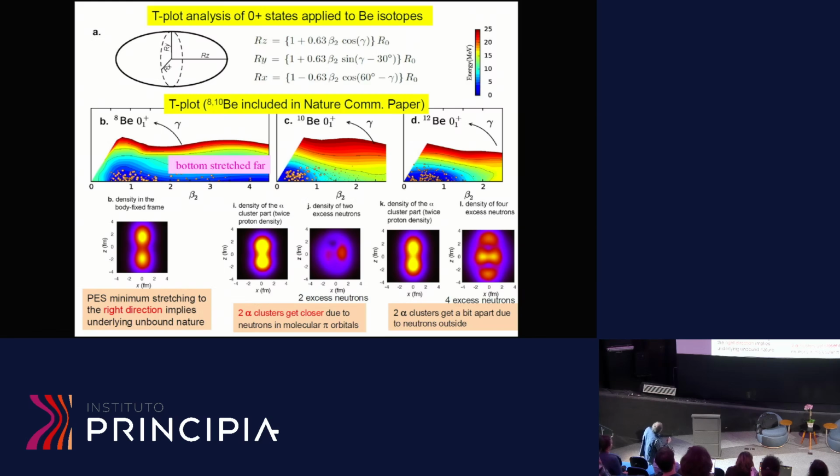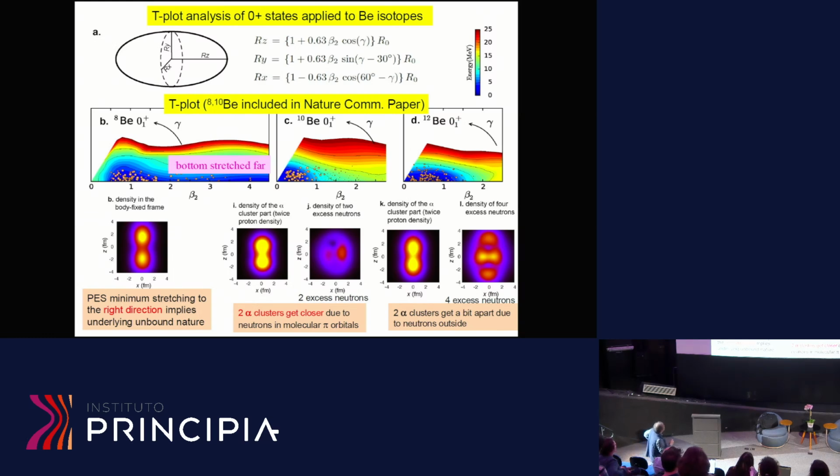This is the energy minimum. Although it is stretched because of the interaction of each basis vector, there is some concentration here, and from those basis vectors, you can calculate the intrinsic density profile of beryllium-8. So that is quite nice.